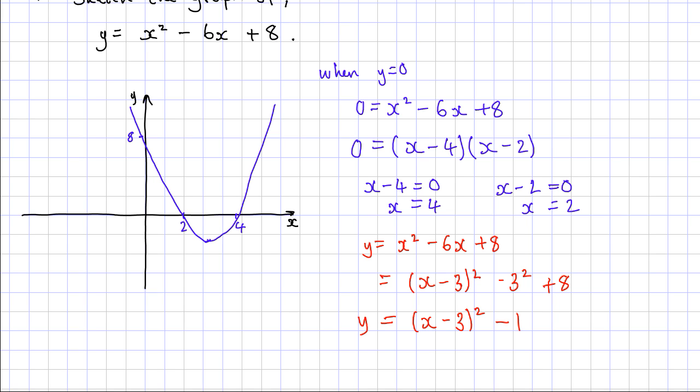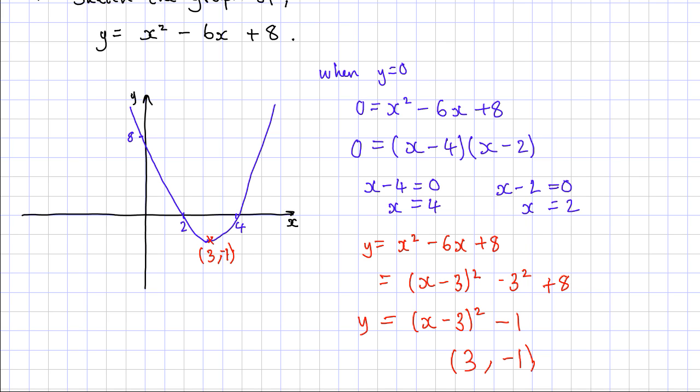Okay, now the coordinates of this point here is going to be the opposite of the minus 3. So it's going to be 3, and then the y value is going to be minus 1. So the coordinates of the turning point are going to be 3, minus 1. So I'll mark that here on my graph. So this point here is 3, minus 1.